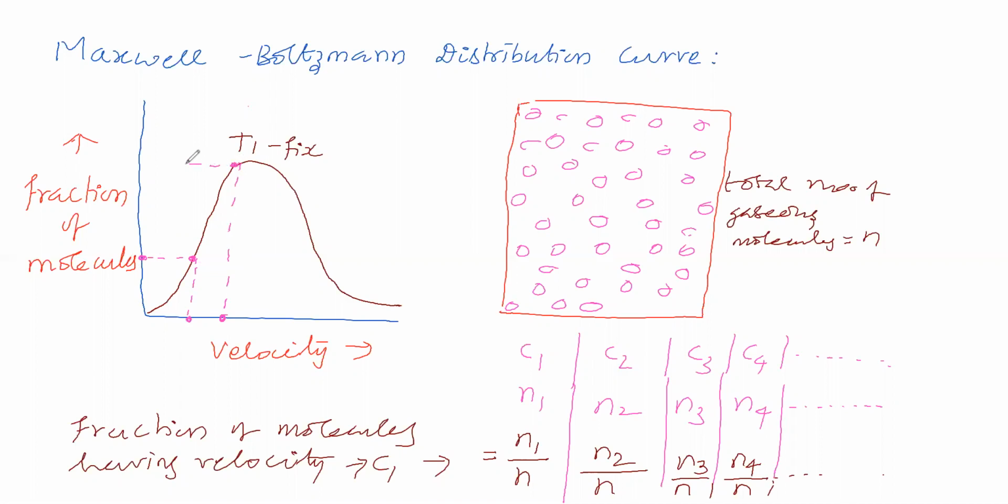This velocity is possessed by this fraction of molecules. Next, this velocity has so and so fraction of molecules. So we have given a fraction of molecules versus velocity curve.